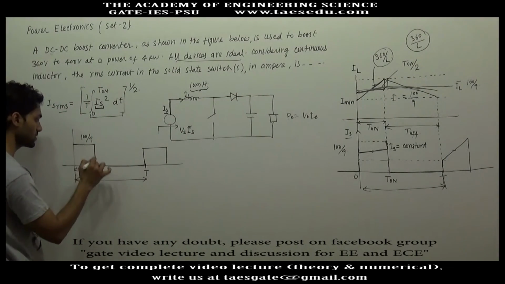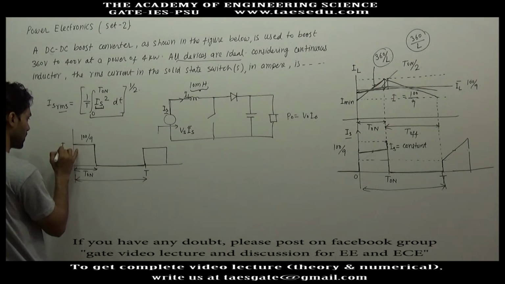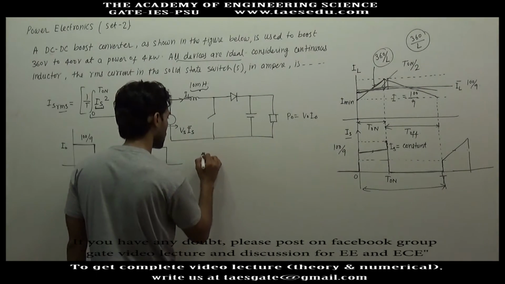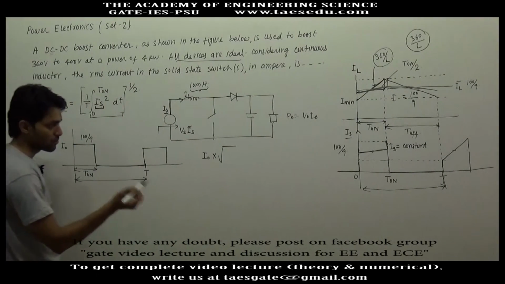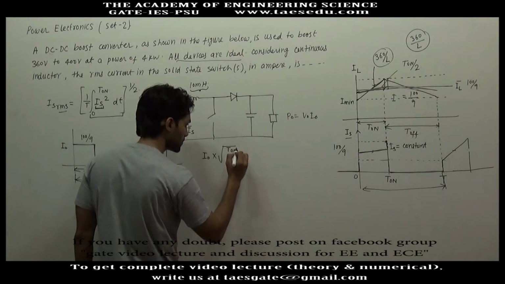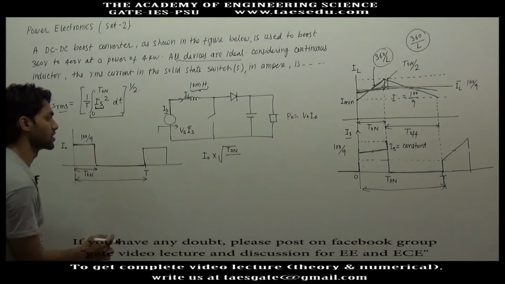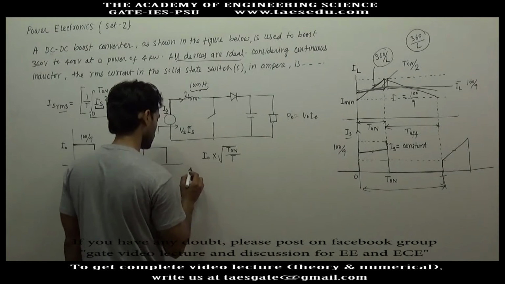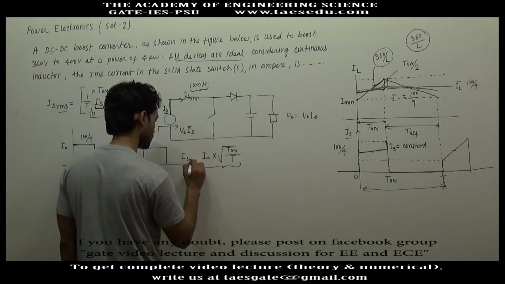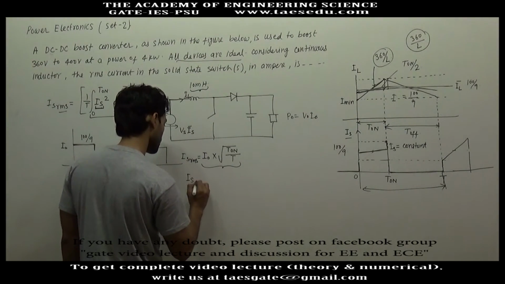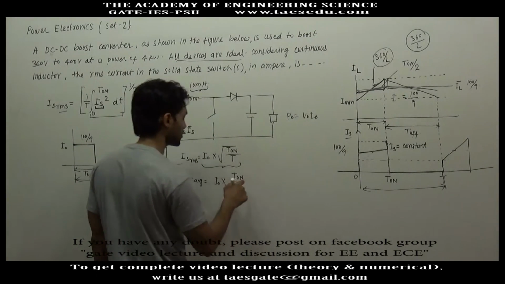Let's say this height is I naught. The RMS of this kind of graph is I naught into root under, in the numerator the duration for which the value is constant, divided by, in the denominator, the total interval T. For the average switch current, it is I naught into simply t on by T. You need not take the root.